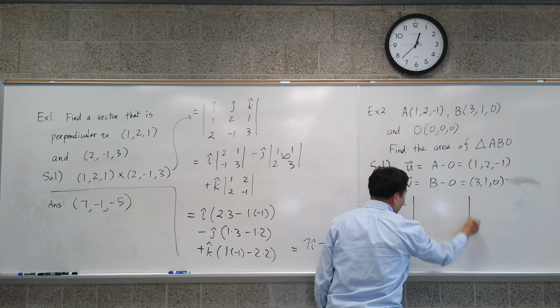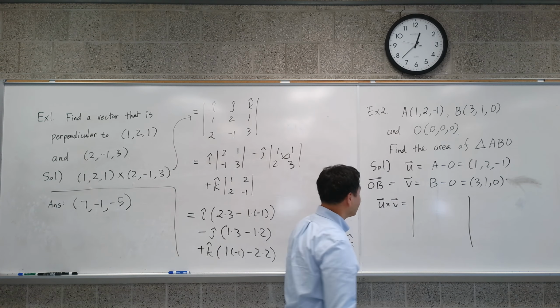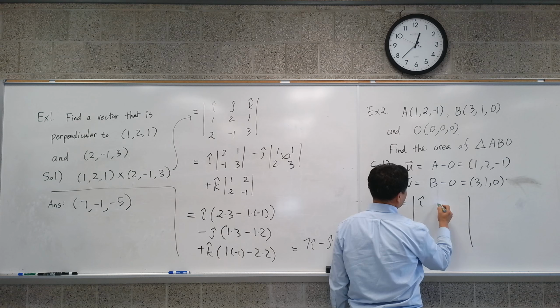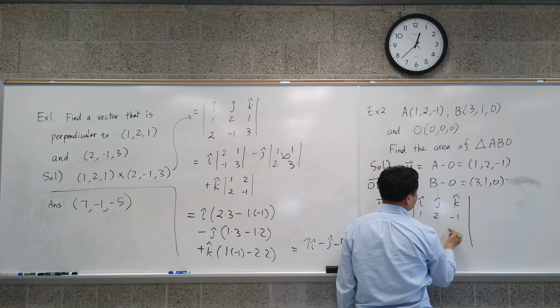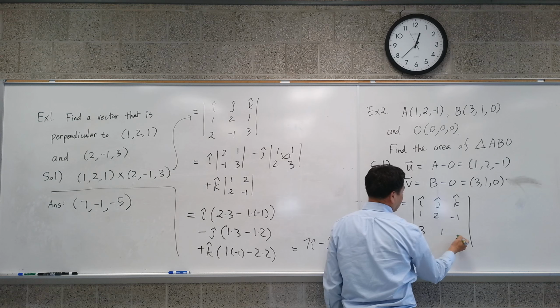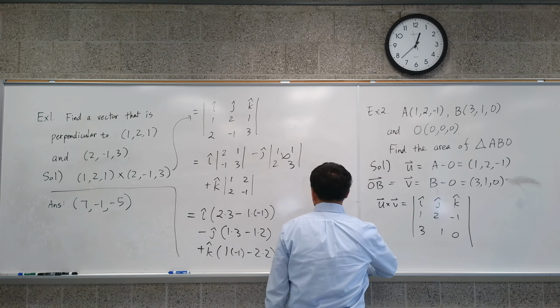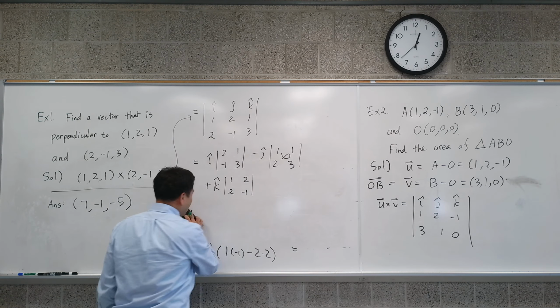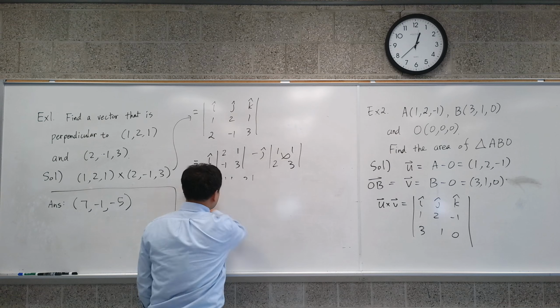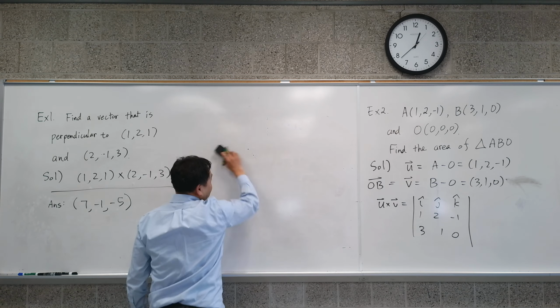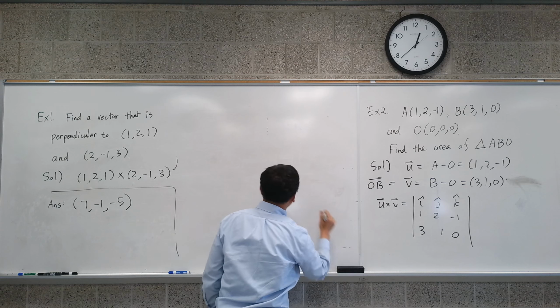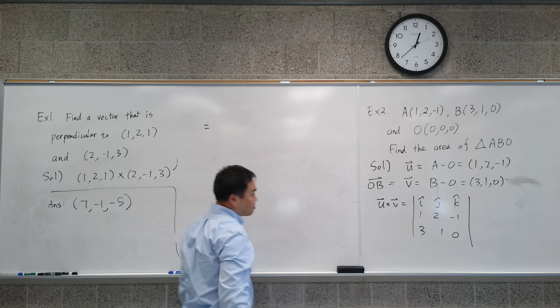Again, this is a big calculation, right? So you have I, J, K, 1, 2, -1, 3, 1, 0. Once you get familiar with this determinant calculation, it's not that hard. You can just do this by mental math.